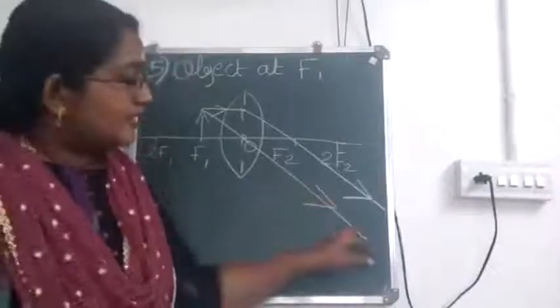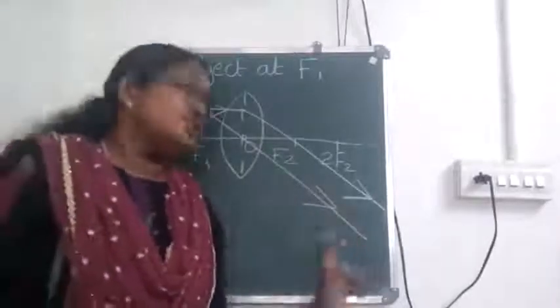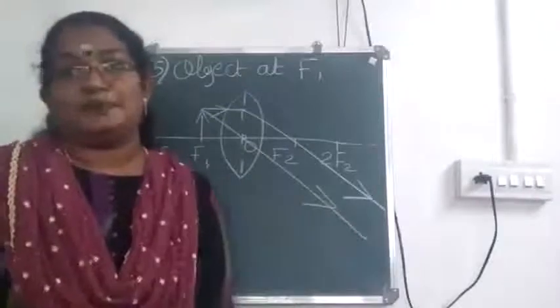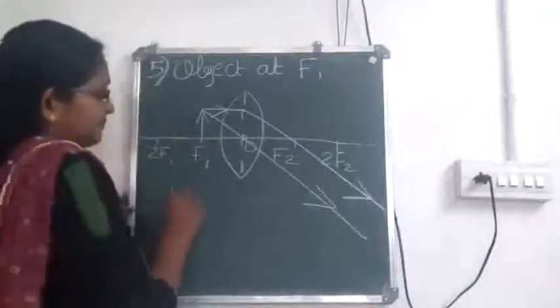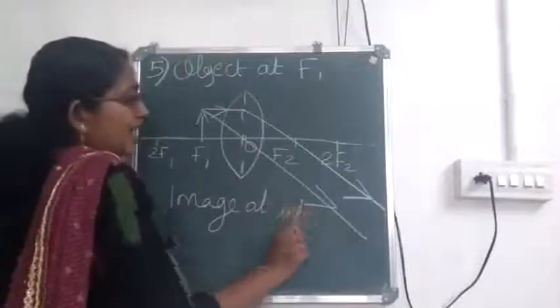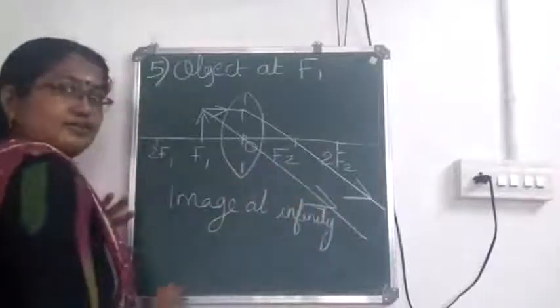We will keep this as two parallel lines and it is assumed that these two lines will meet at infinity and you will get an image there. So what will we write here? Image at infinity. We will be getting the image at infinity.